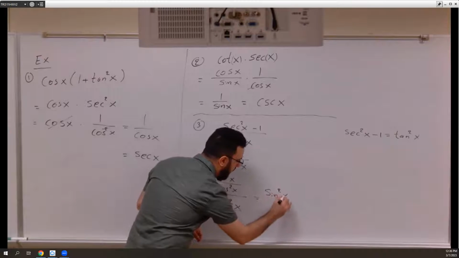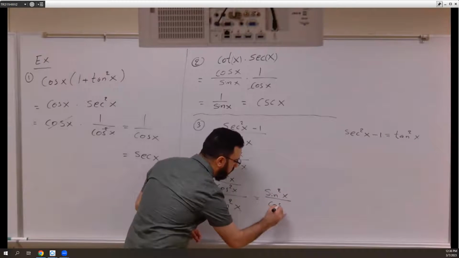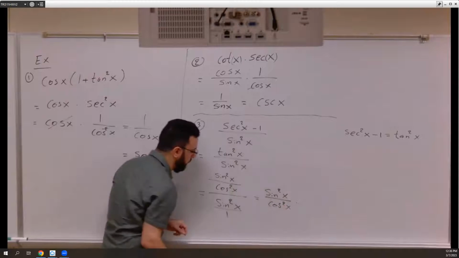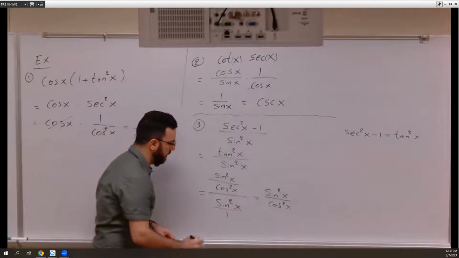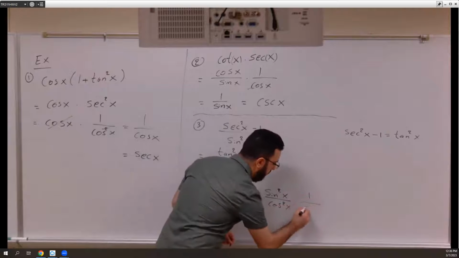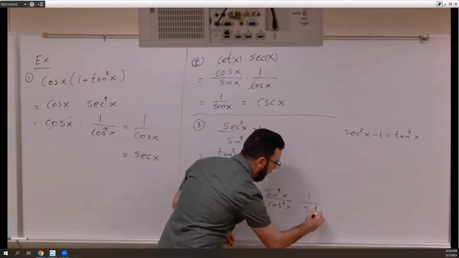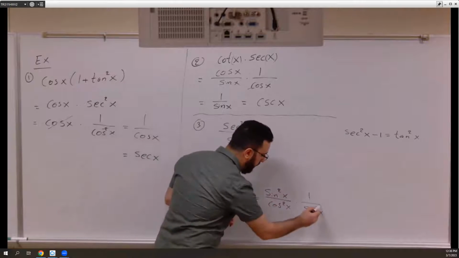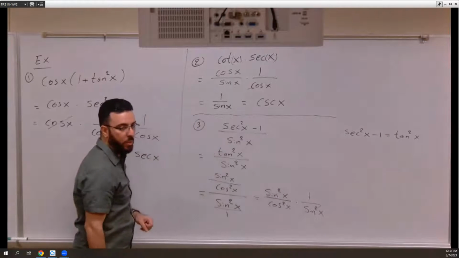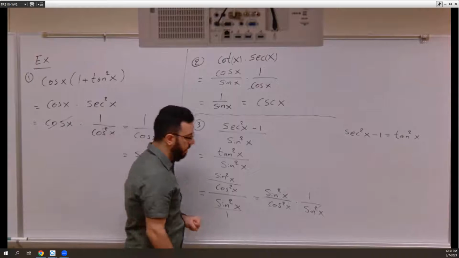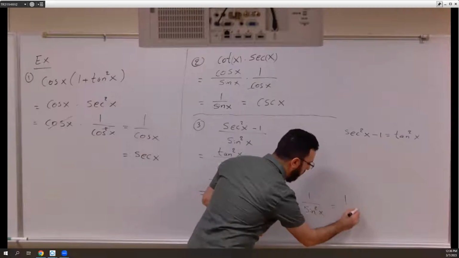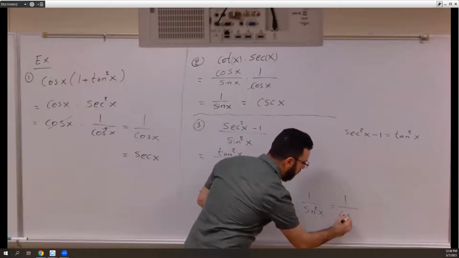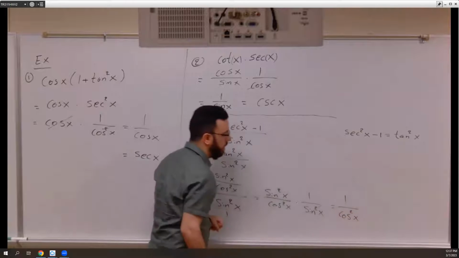Sine square x over cosine square x times what? 1 over sine square x. Now, can I cancel this one with this one? What's the left? The left is 1 over cosine square x.